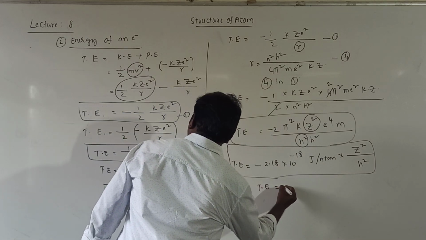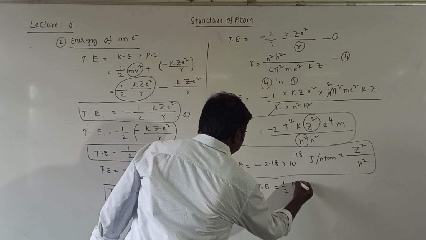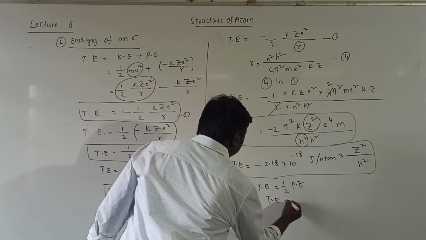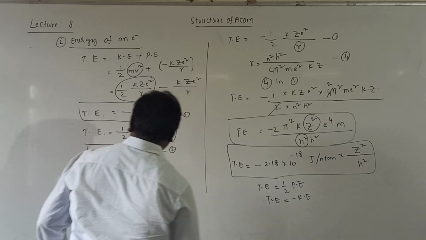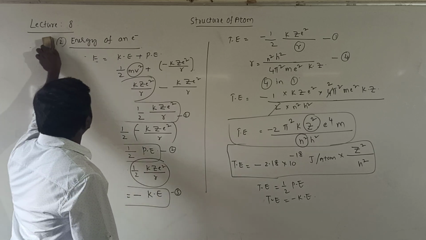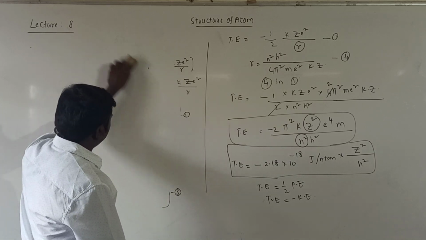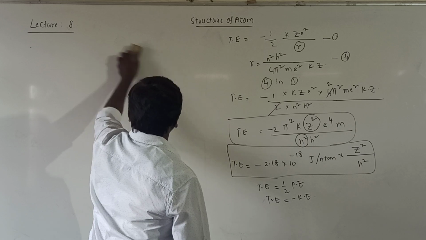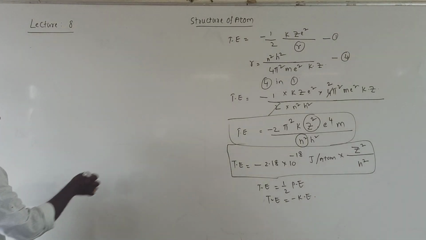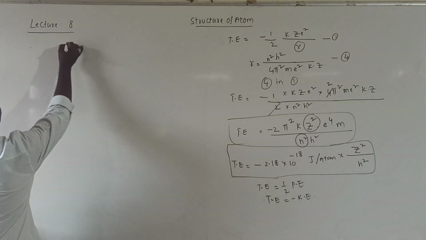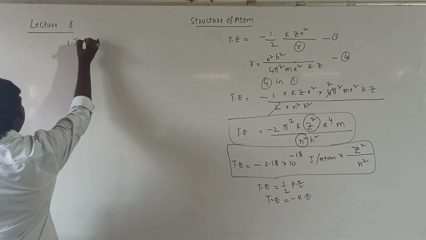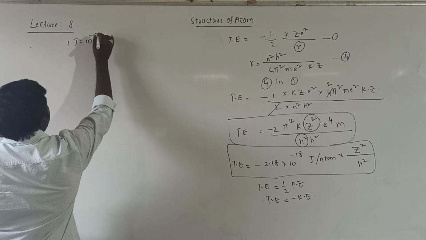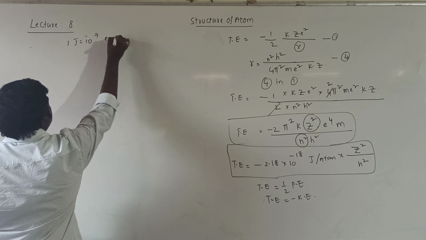Total energy is equal to half potential energy. Total energy is equal to minus kinetic energy. These are all important. Next, if you change all this, look at this carefully. 1 joule is equal to 10 to the power of 7 ergs.